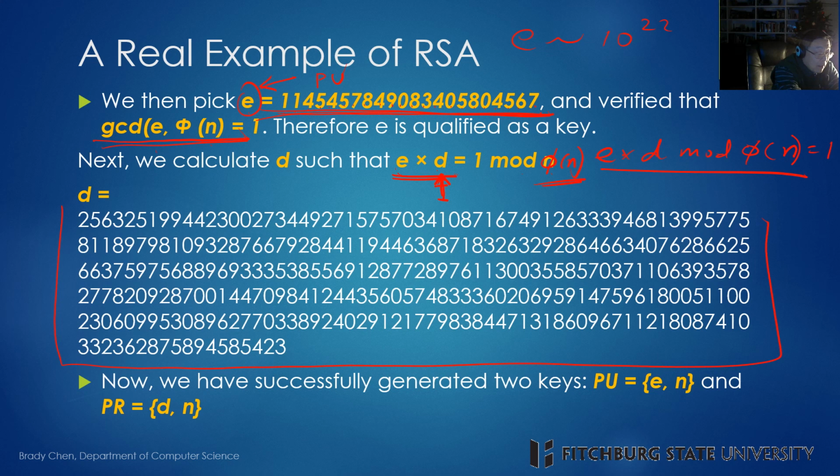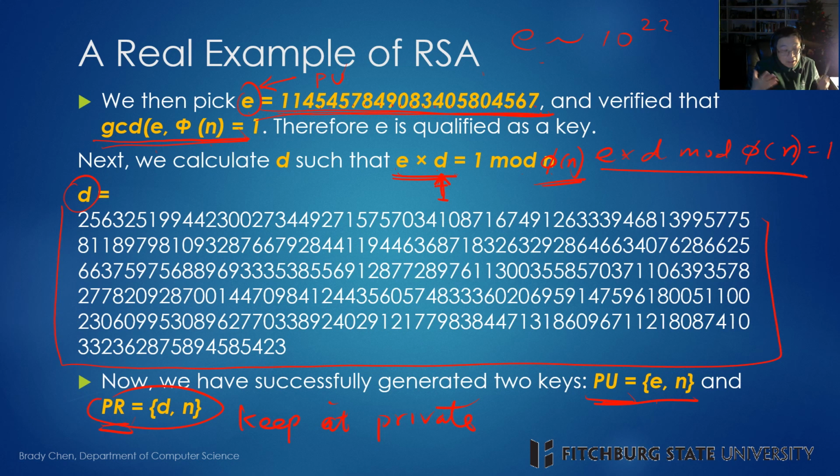And the multiplicative inverse of E, which is D, is a huge number. So I make E public, and I keep D secret. Keep it private. So that's the public key, and that's the private key.